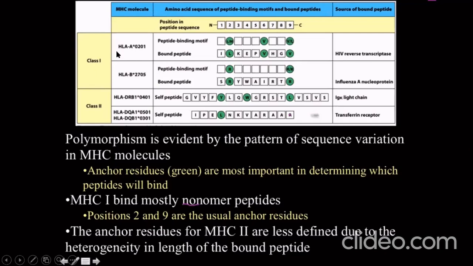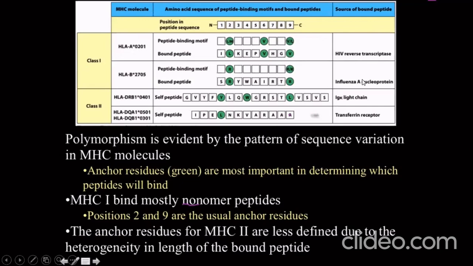And this specific MHC molecule is always associated with a specific peptide coming from foreign antigen. That is the second bound peptide, HIV reverse transcriptase. It is relevant to HIV, human immunodeficiency syndrome disease. And this specific antigen from HIV binds to a specific class 1 MHC molecule here only.